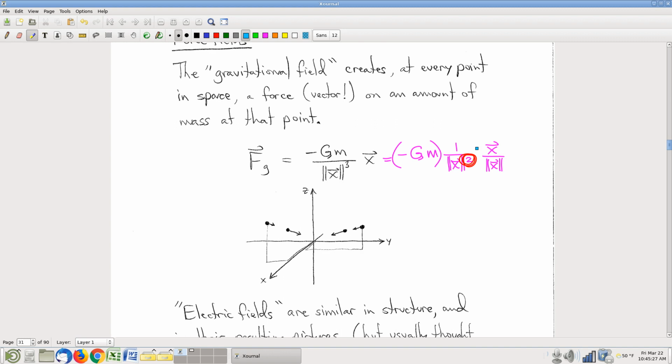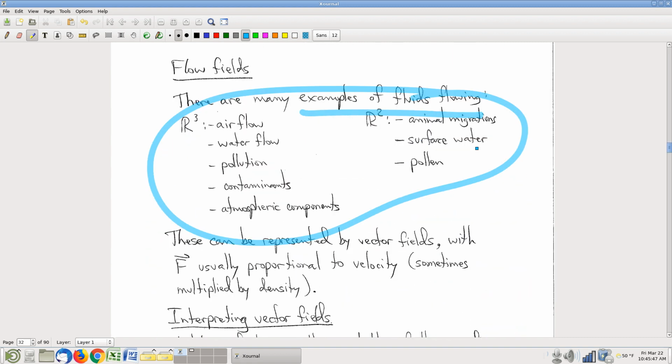Here, the field's not representing a flow of a fluid. The field is representing forces. These are two very different physical categories of very natural, very important physical things that just both happen to be represented, as it turns out, by the exact same mathematical construction, vector field.